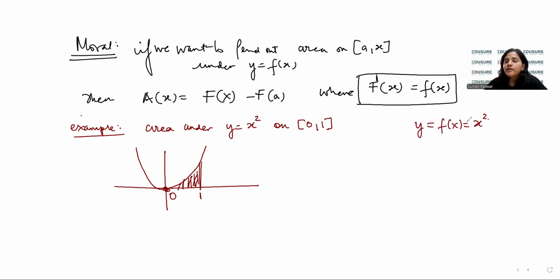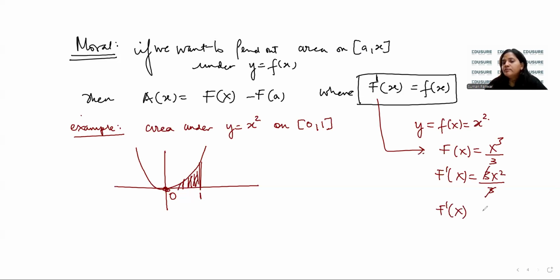Okay. So if you take capital F(x) to be x cubed by 3 and you differentiate it, this is going to be 3x squared divided by 3. So you notice that capital F dash x is equal to x square, which is f of x. Okay. So that means my candidate for F(x) is x cubed by 3.